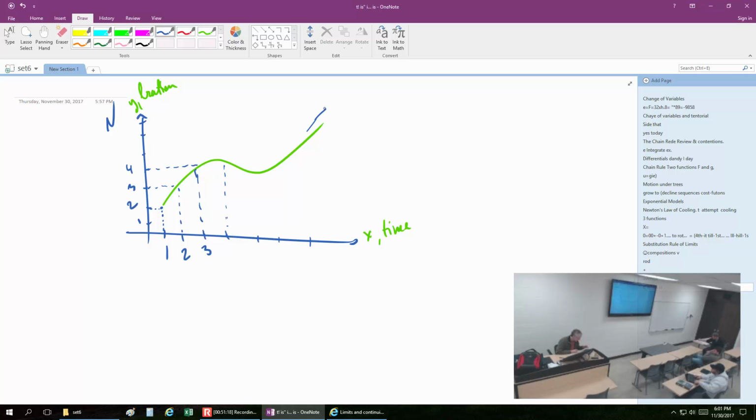Okay, so the simplest motion of a ball thrown in the air, also part of it. So thrown in the air, say y double prime is equal to negative g. That's the starting point.